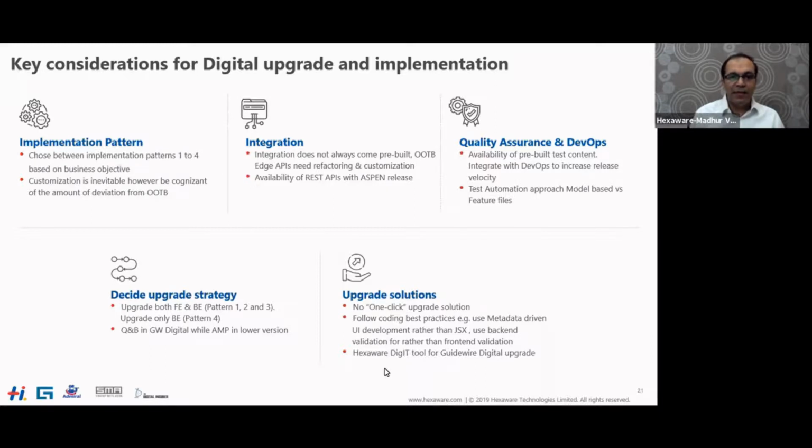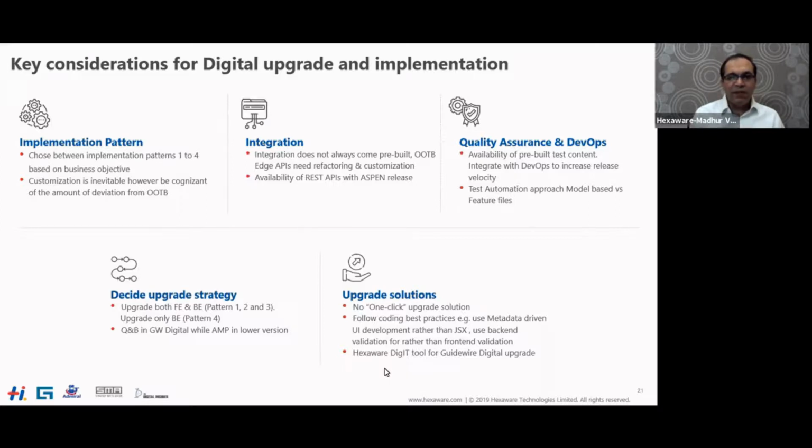So that needs to be also considered while deciding the strategy to upgrade, whether there will be two links that the customer will use, one for Digital 11 and one for Enterprise Engage, or there is a way to embed Digital 11 within Enterprise Engage, so that from a user experience perspective, the end customer is accessing just one link. However, they are able to manage both the functionalities of the portal in Digital 11 and the account management portal in Enterprise Engage. So that needs to be thought over before deciding on the upgrade strategy.